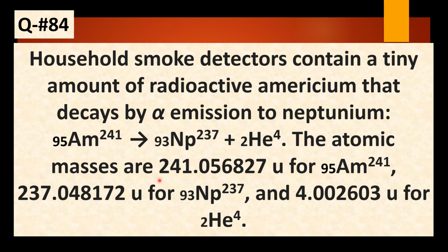The atomic masses are 241.056827 atomic mass unit for americium, 237.048172 atomic mass unit for neptunium, and 4.002603 atomic mass unit for the alpha particle.